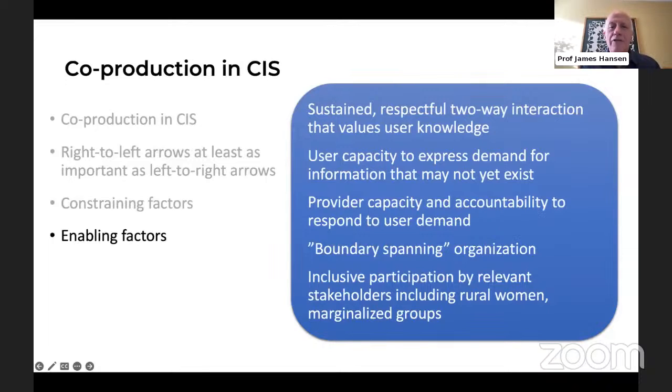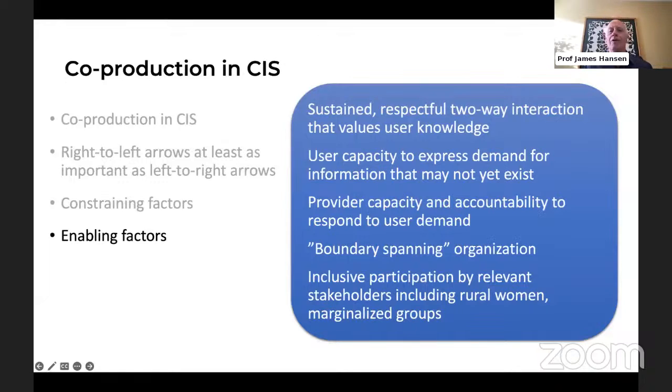Building the capacity of national meteorological services and governance processes that also create accountability to respond to user demand can help reduce the gap between what meteorological services provide and what farmers need.